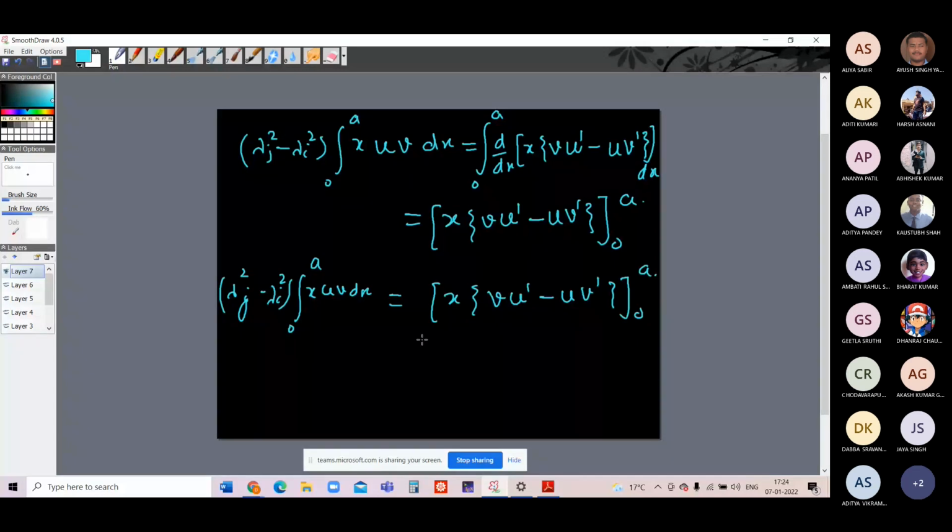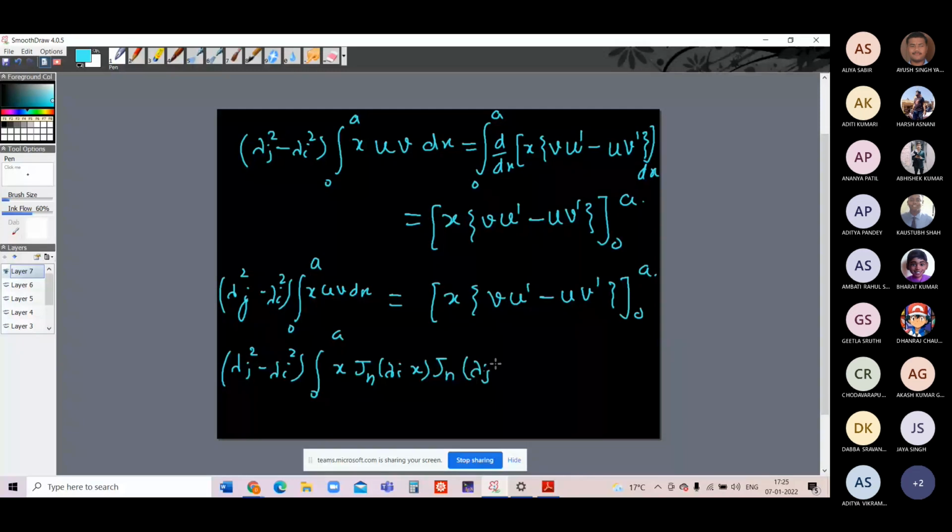Now substituting the values of u and v here. So (lambda j square minus lambda I square) times the integral from 0 to a, u was J_n(lambda I x) and v was J_n(lambda j x) dx.